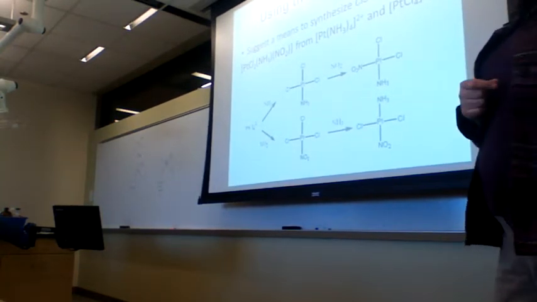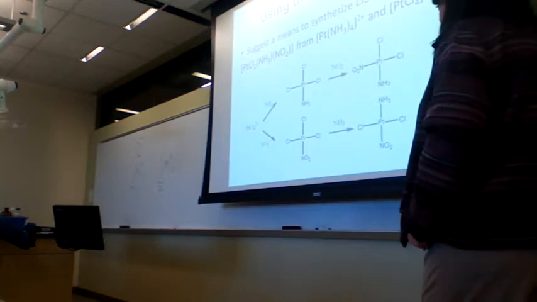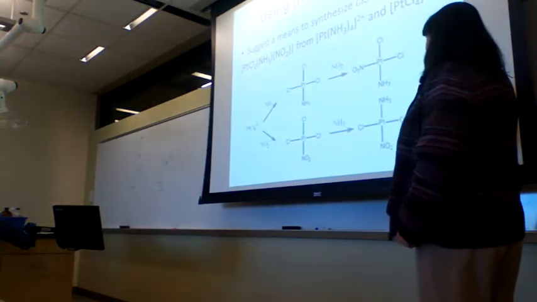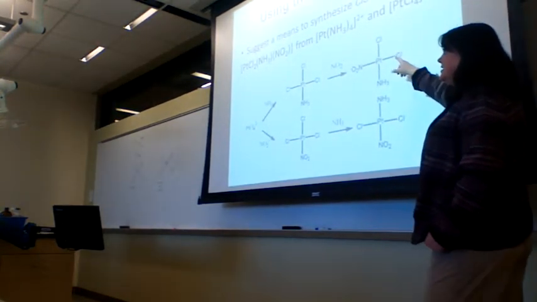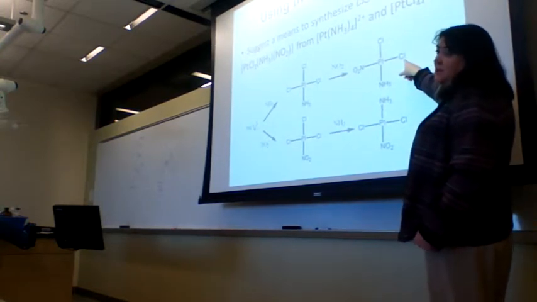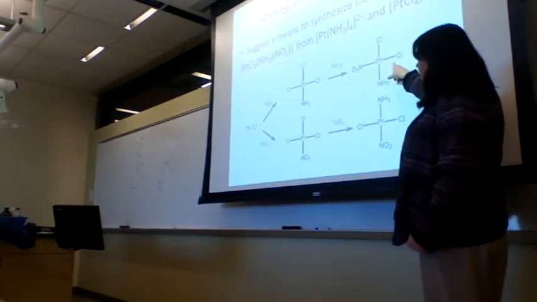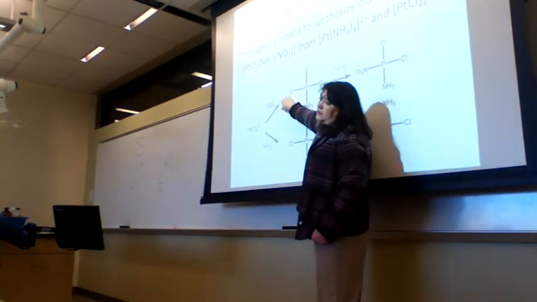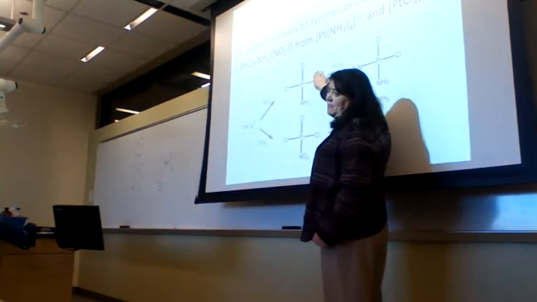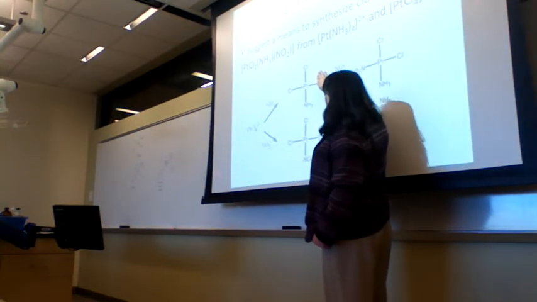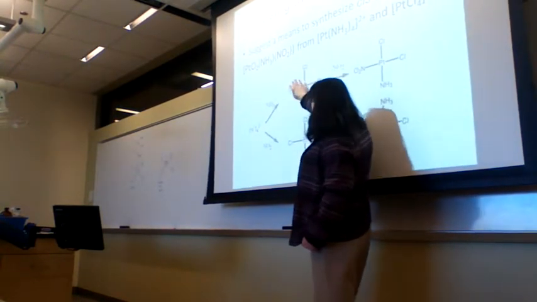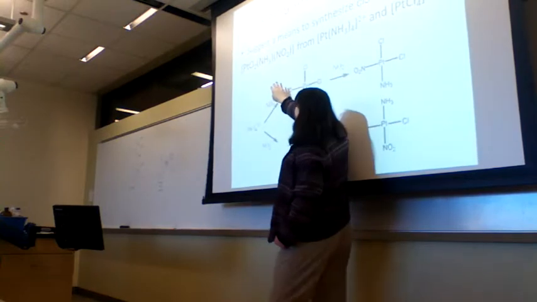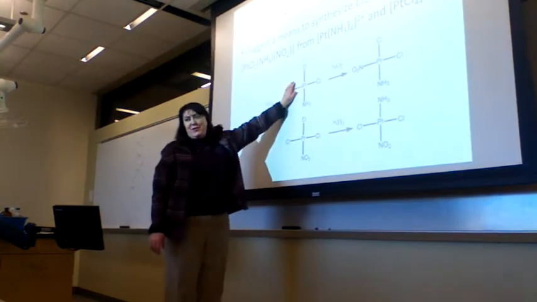Can you say one more time why it's cis? For the NH3? Why this is called cis? No, like how does it do cis? So it's going, because the chlorides are stronger trans effect, it has to replace opposite of the chlorine. So if it replaced opposite of this chlorine, that'd be an NO2. If it replaced opposite of this chlorine, that would be an NO2.